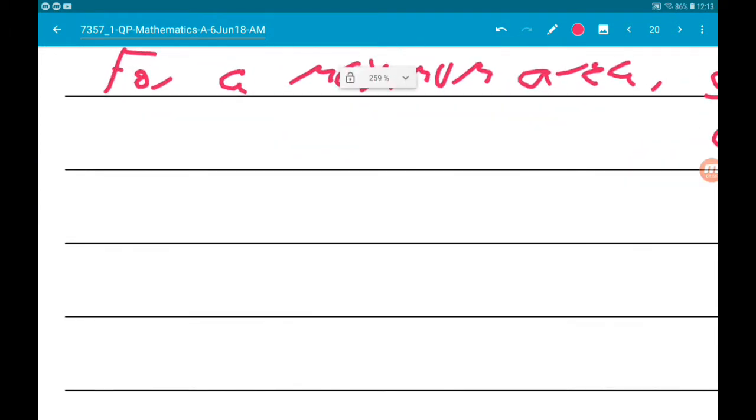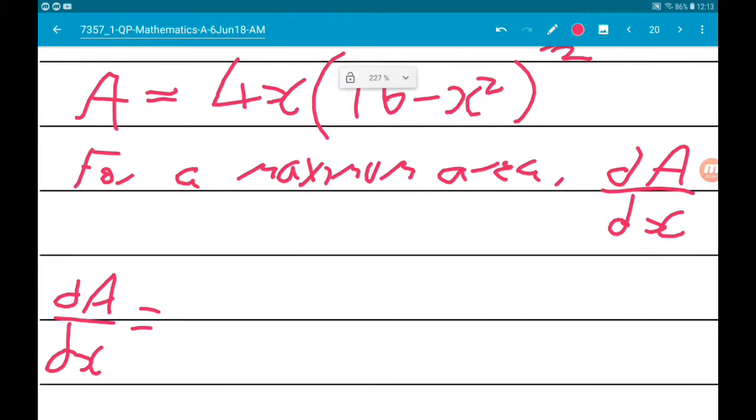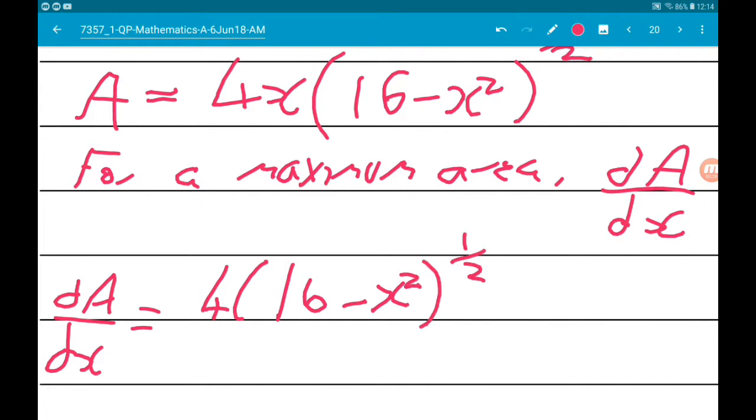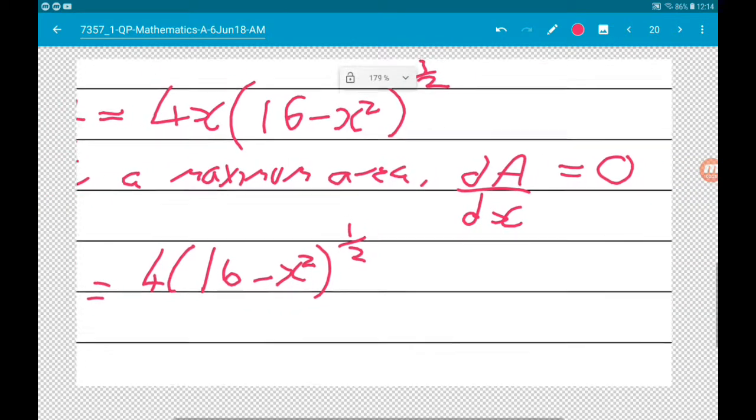So, dA by dx. Well, if we first of all differentiate 4x, we get 4 times 16 minus x squared to the power of 1/2, and then we're going to differentiate the bracket.